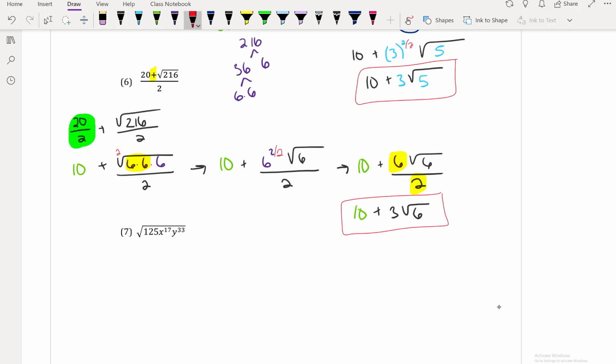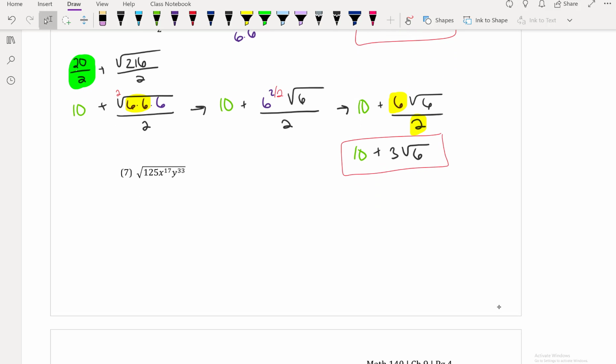So looking at number 7, I have 125. So I'm going to go ahead and break that number down first. So over here, 125. Well, I know that 5 can go into it. So 5 times 25 gives me 125.